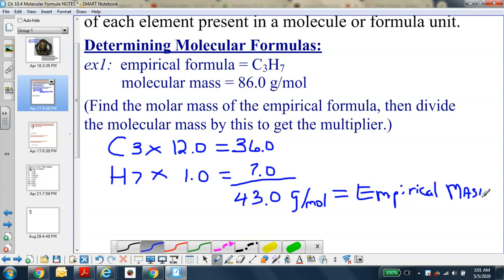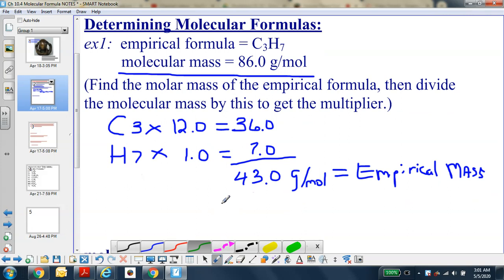So in the first part of the example problem, I'm also given the molecular mass. It is 86.0 grams per mole. So this is what the molecule's mass is. So what I'm going to do now is take this 86.0 divided by my empirical mass. 86.0 divided by 43.0 is 2.